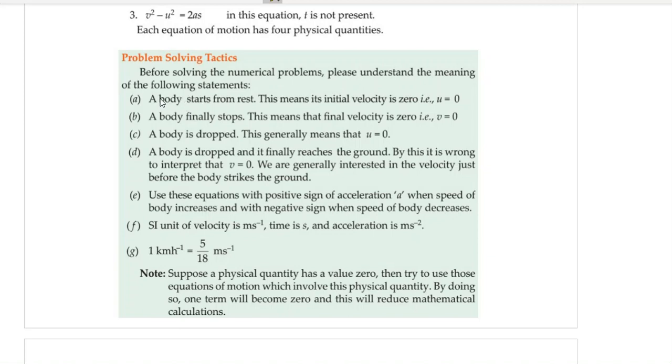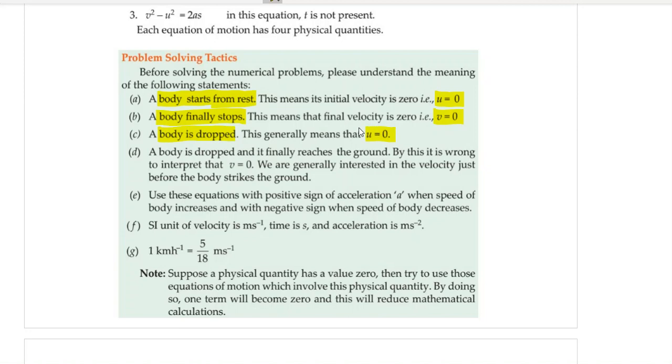When a body starts from rest, suppose this is the term which is given to you, body starts from rest, that means initial velocity is 0. A body finally stops. If they mention this statement or phrase in the question, that means final velocity is 0. A body is dropped, that means initial velocity is 0. Whenever a body is dropped from a certain height, it does not have any initial velocity, its velocity starts increasing.